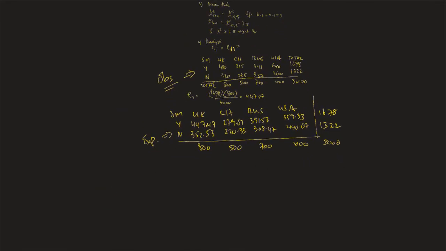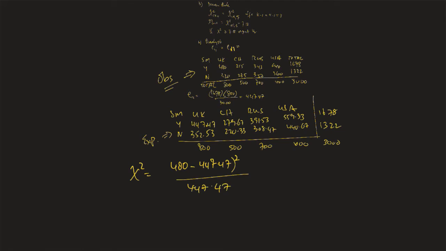So for the very first cell, the first component, cell 1,1, chi-squared will turn out to be f, which is the observed frequency, so that's 480, minus the expected frequency, 447.47, squared, and we divide by 447.47.